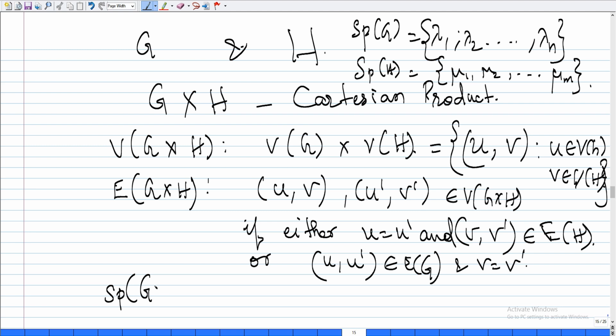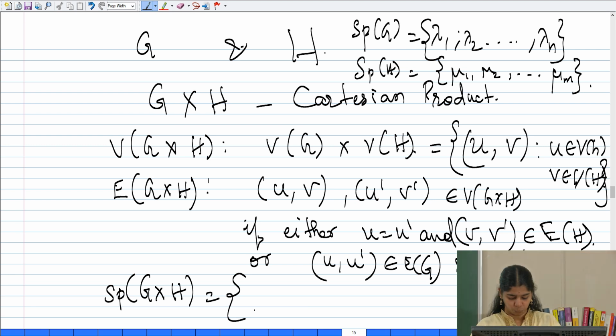So, the spectrum of G cross H is going to be nothing but... anybody? Any guesses? Obviously, how many elements are going to be there? The vertex set contains how many elements here? M into n elements.